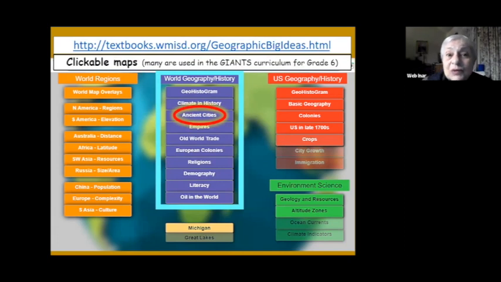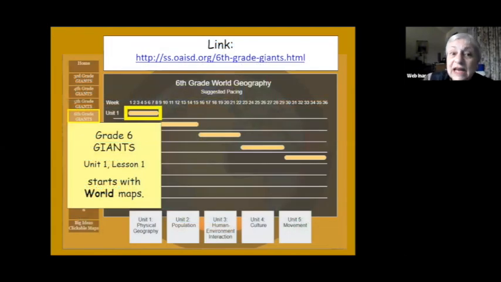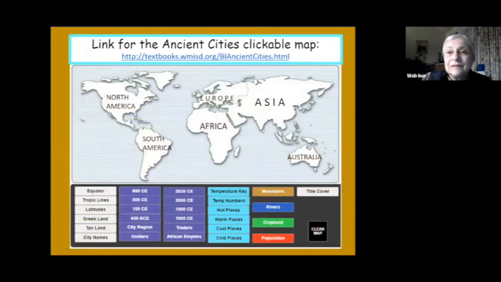I'm taking you to the middle column where it says World Geography and History, to a clickable map that is titled Ancient Cities. We use the Ancient Cities clickable map and the story about the ancient cities in our 6th grade Giants, Unit 1, Lesson 1, where our emphasis is on world maps.